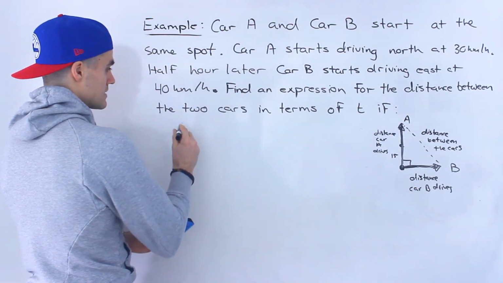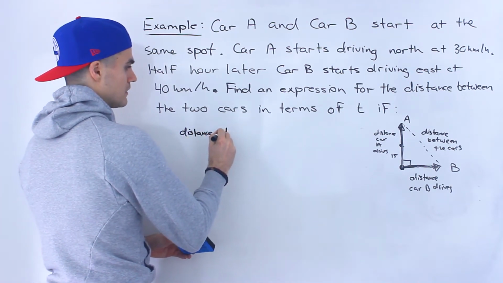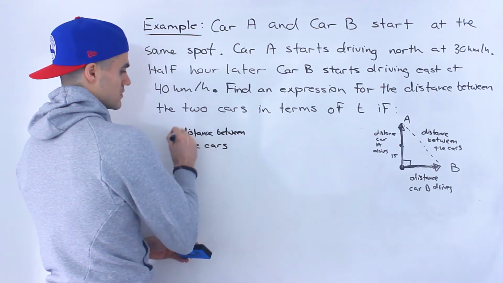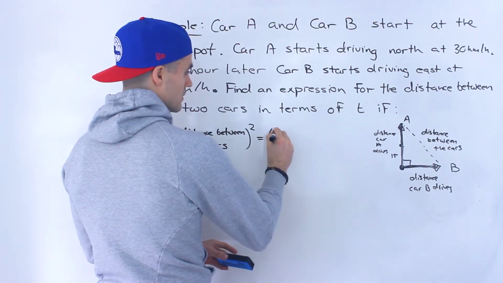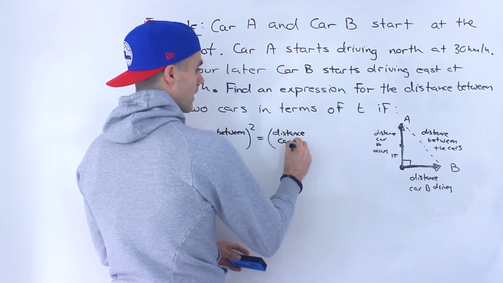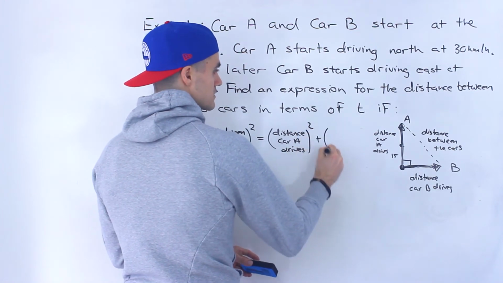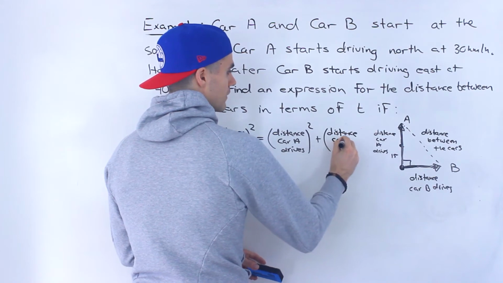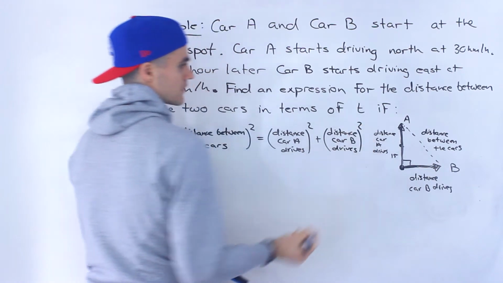So the distance between the cars squared equals the distance car A drives squared plus the distance car B drives, and that's going to be squared.